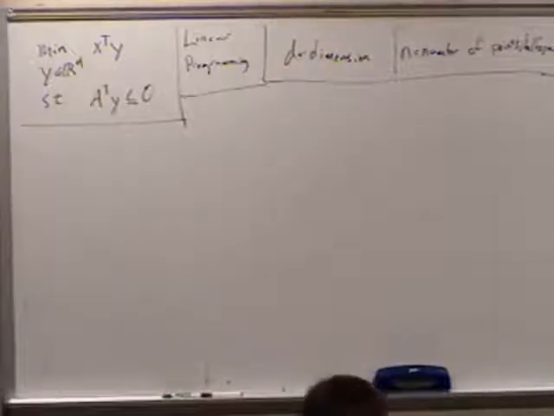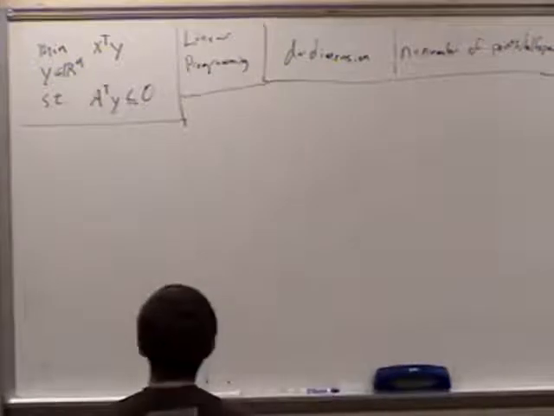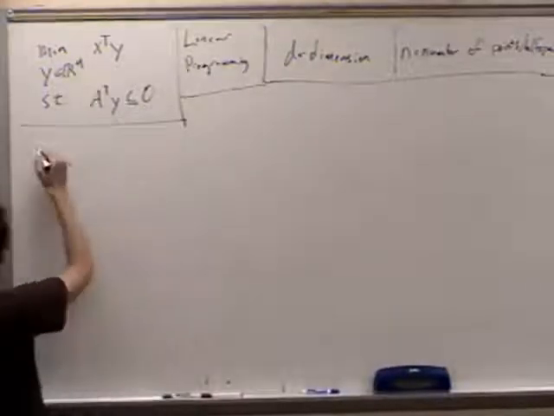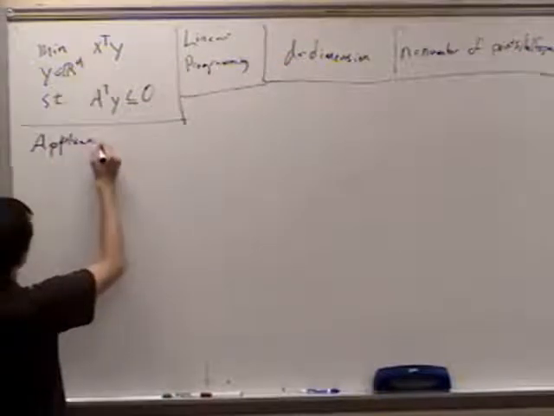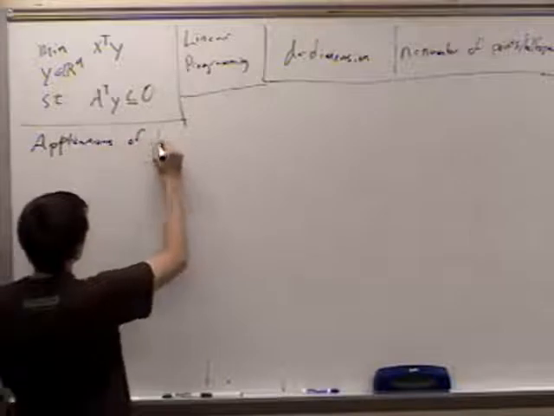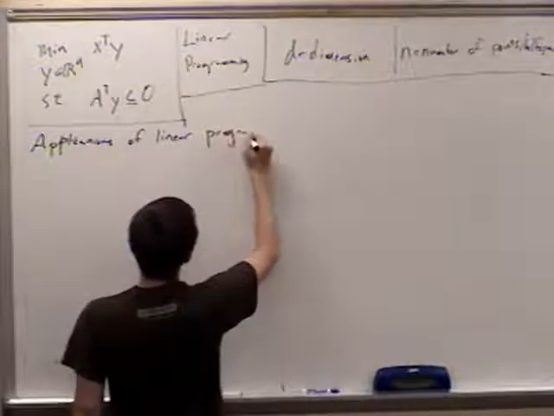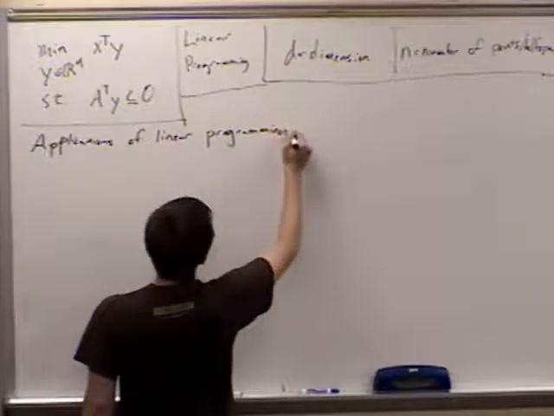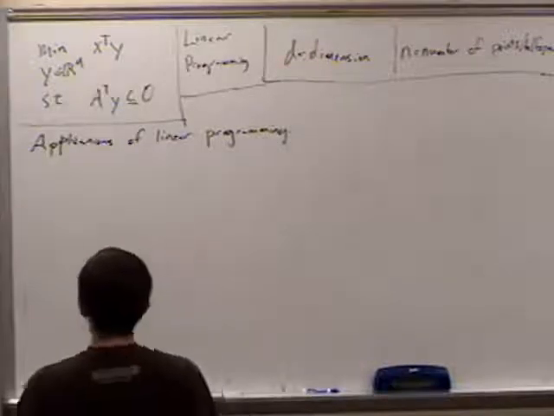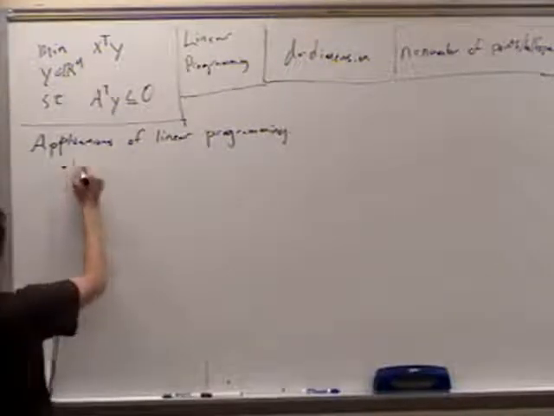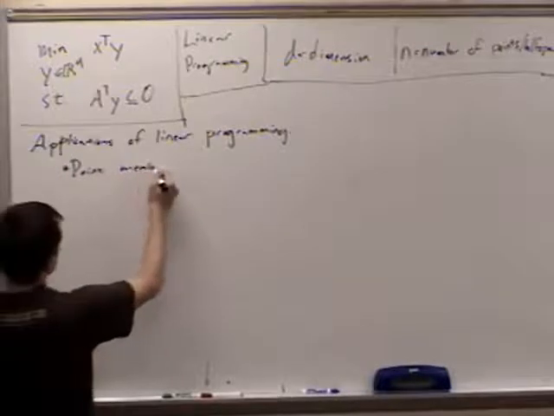So these are just applications of linear programming. There's a huge list of things that can be reduced to linear programming. So the first thing we've seen so far is point membership, which is to test if a point is in a polytope.